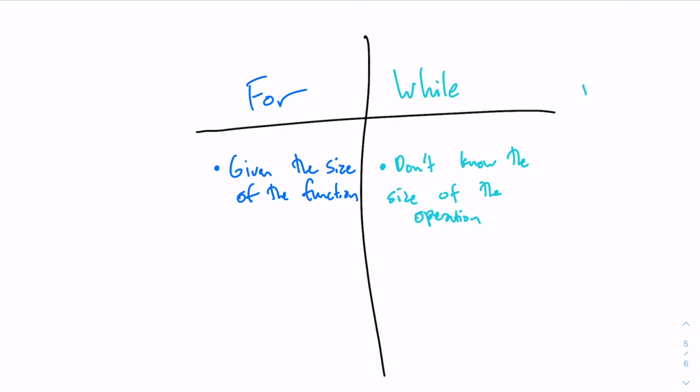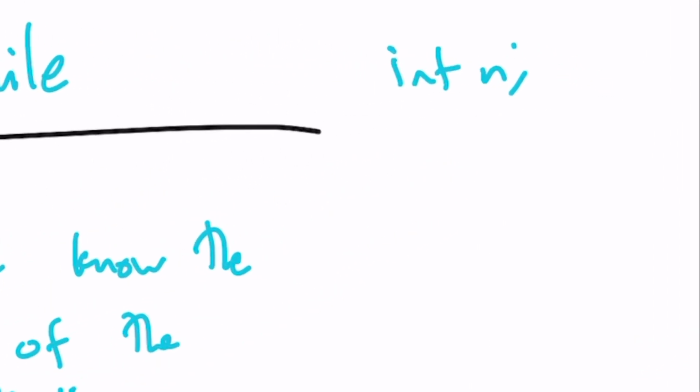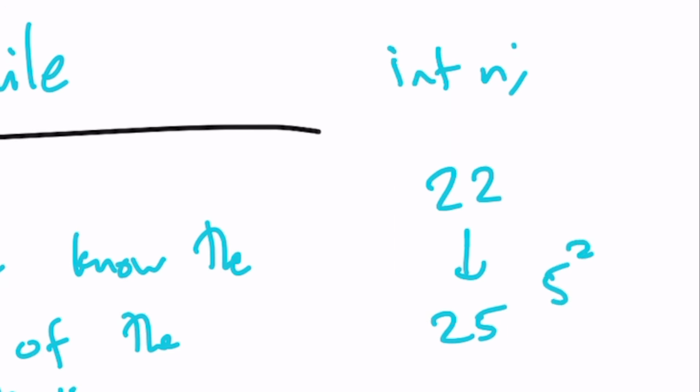So let's say you're given an int n, and you want to find the first power of 5 that's greater than n. So this might sound confusing, but let's say you were given the number 22, then the answer should return 25, since 5 to the 2 is the smallest power of 5 that's larger than this. Let me give another example.